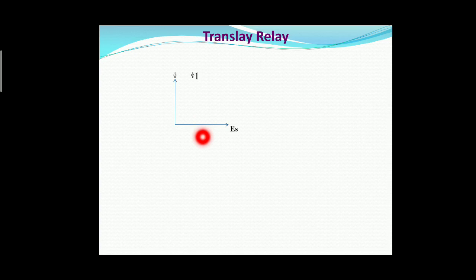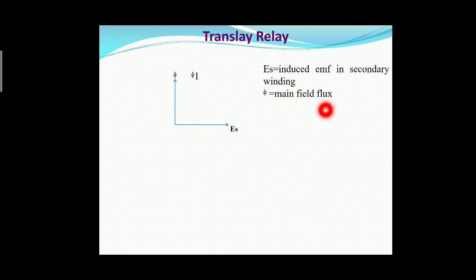The current in the secondary lags ES, and phi 2 is produced. ES means the induced EMF in the secondary winding, and phi is the main field flux.